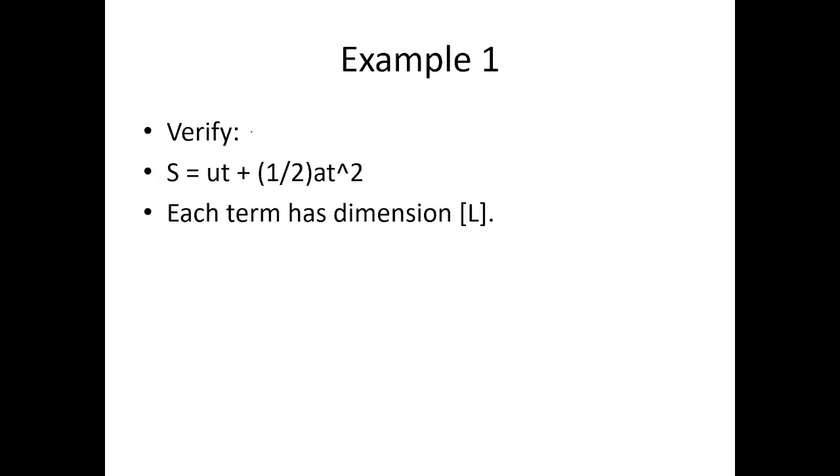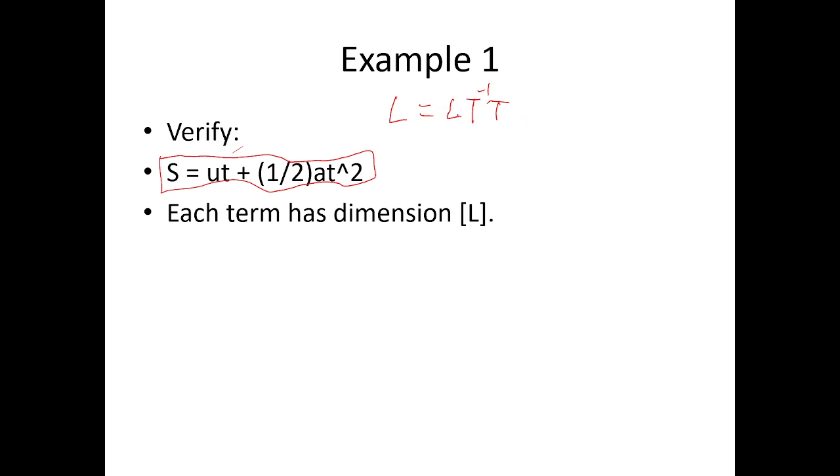Example. So we see that this is a formula. Each term has dimension L. The left side is clear, that is distance, so L is there. Now velocity means length per time, and t means time.